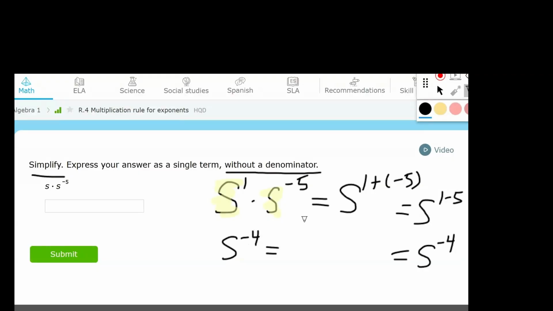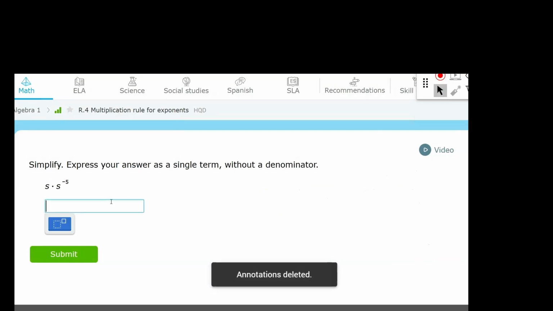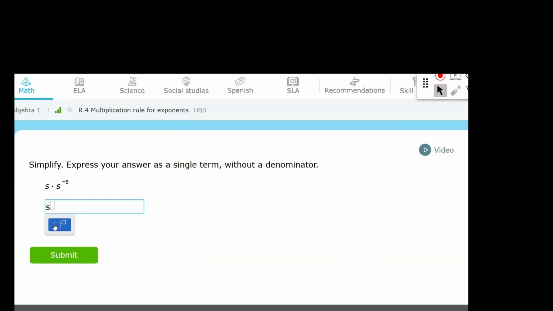So it's the same thing as 1 over s to the positive 4 power. So the negative disappears and we kick it down into the basement, into the bottom. I'll talk about this in a later video, but the question says they don't want a denominator, so they probably just want us to leave it as a negative exponent. S to the negative 4.